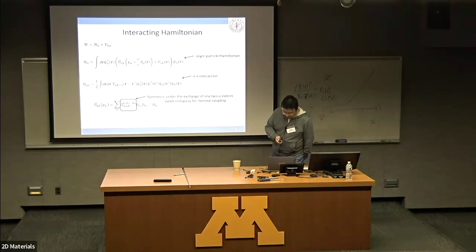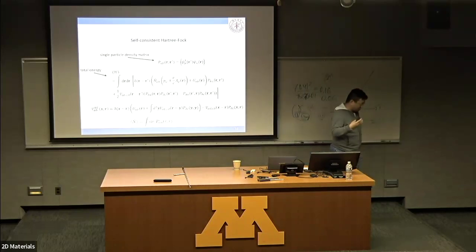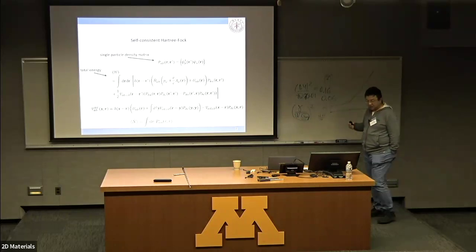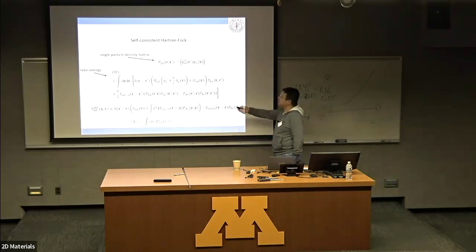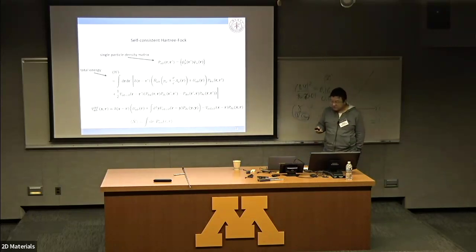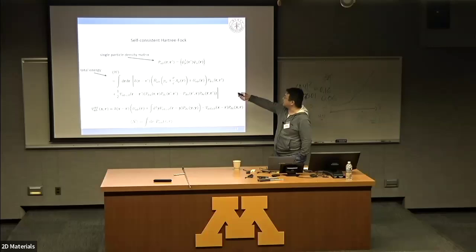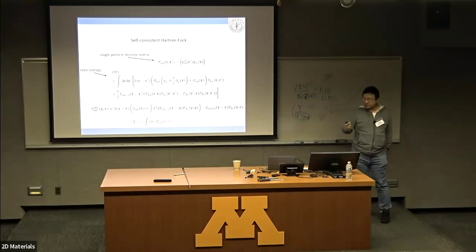And so let me also just do some quick review of the self-consistent Hartree-Fock. So we start by introducing something called the density matrix. Basically, it's defined as psi dagger psi. In principle, they are at different positions.